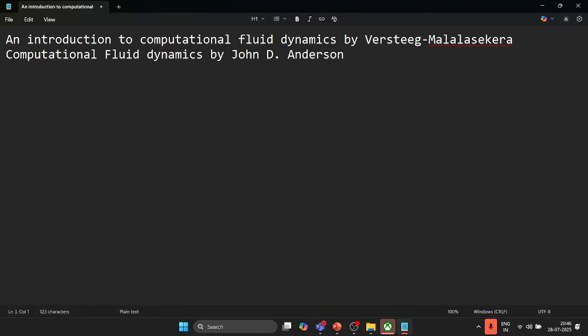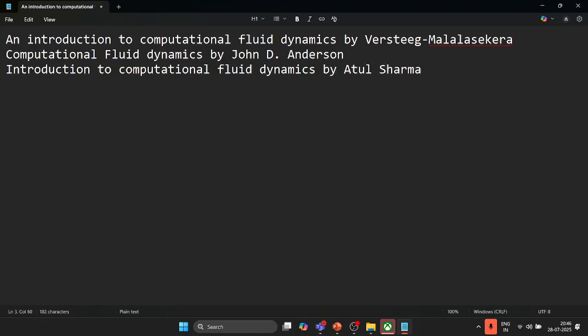Another book you can go through is Introduction to Computational Fluid Dynamics by Atul Sharma. And this book is also good.